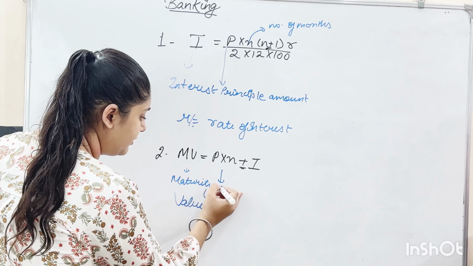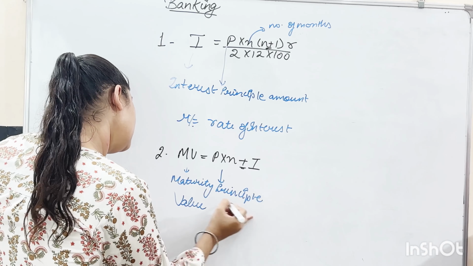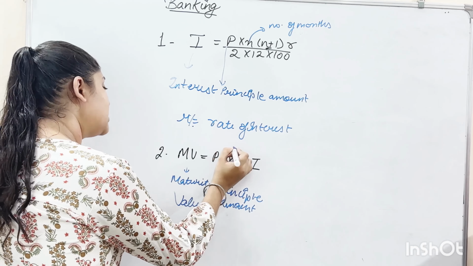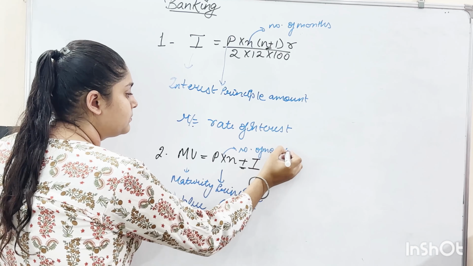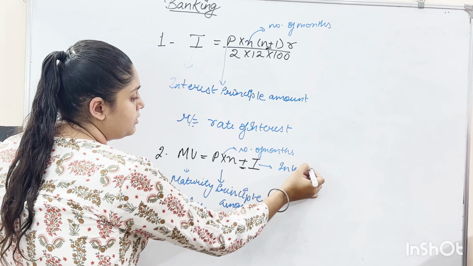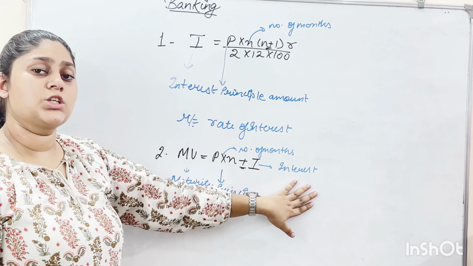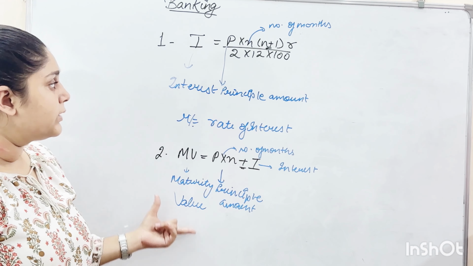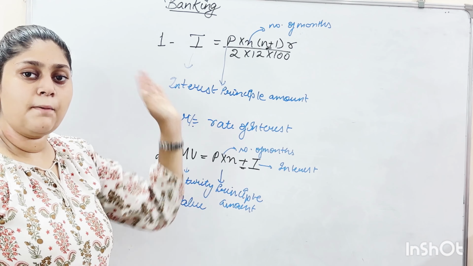P is the principal amount, N stands for number of months, and I stands for interest. It means how much principal amount, for how many months, and with it the interest; that totals and becomes your maturity value. Clear? So these are the 2 formulas which we will use in this whole chapter of banking.